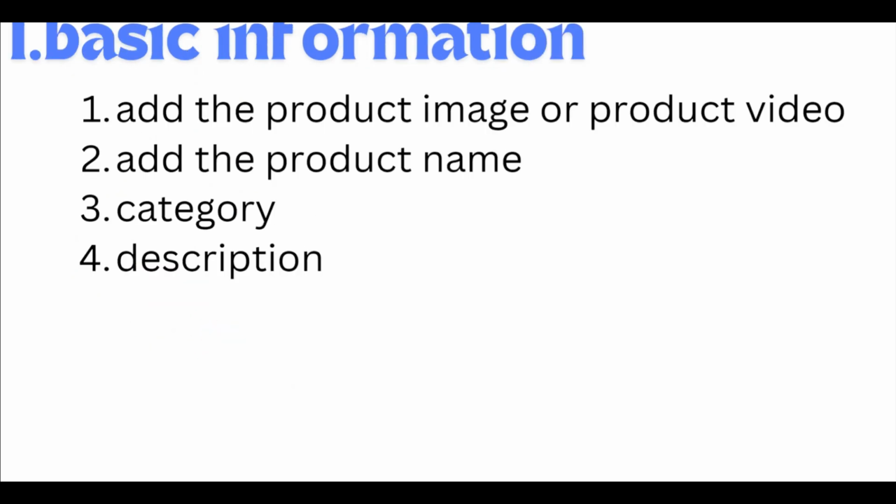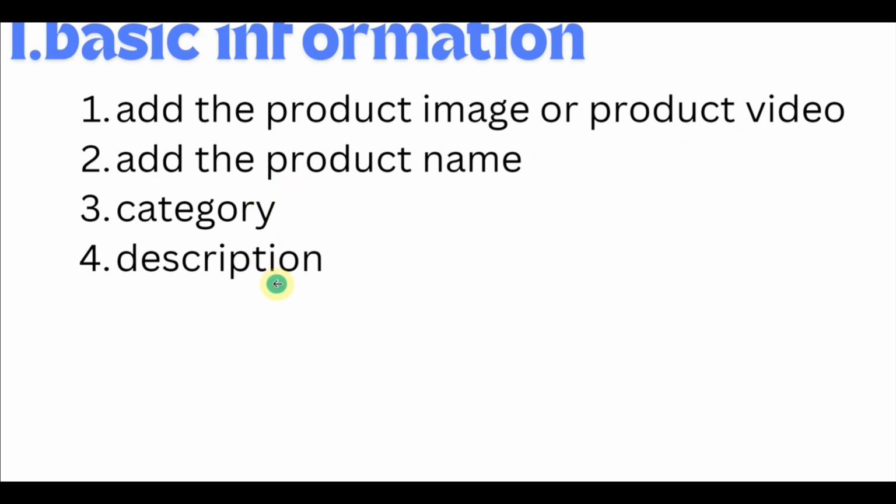So for the first step, guys, the basic information, you'll be able to see here the product image, and then the product name, and then you can also add a product video, and then the third is the category, and then the description.